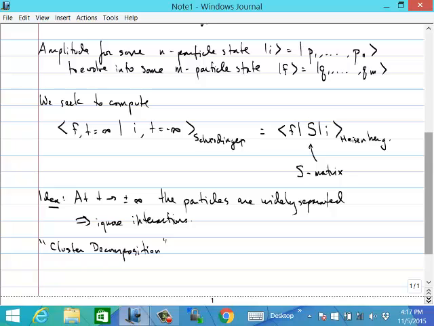But that's a little too technical. So what I really want to do is just propose as an axiom the idea that at early and late times, particles are widely separated. So we can apply the notions of free quantum field theory where the interactions go away, and then use this to understand how to compute these scattering amplitudes.